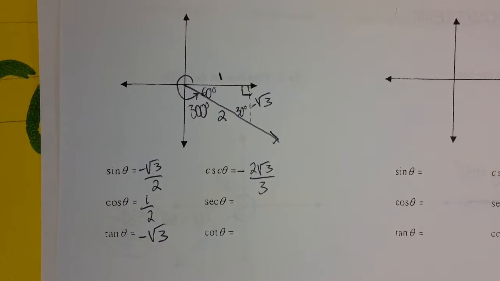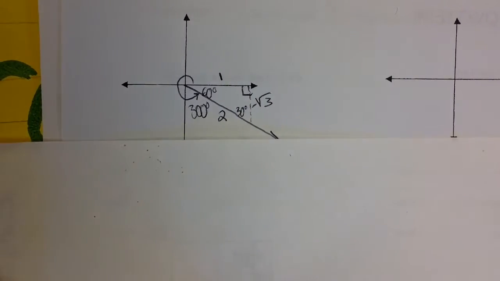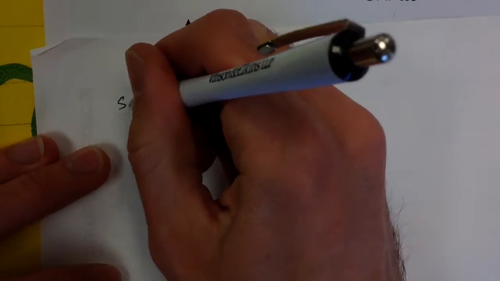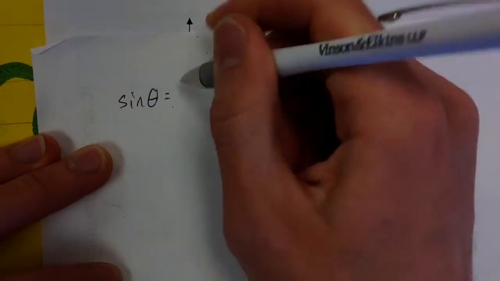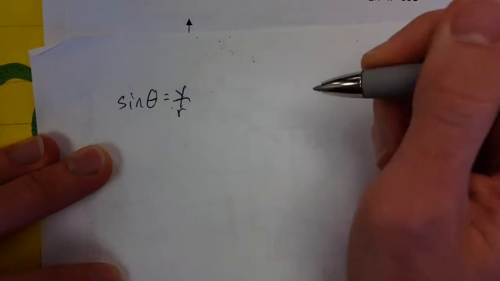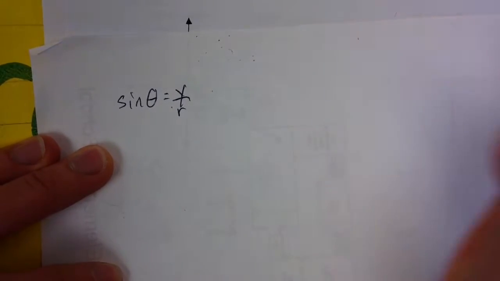Okay. There's two answers I can give you. One has to do with the coordinate definitions of the trig functions. So, for example, sine, by definition, is y over r. That's why I had you make those drawings.